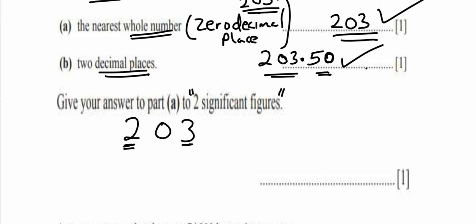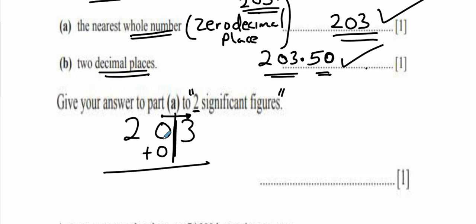Now, can we write this number 203 correct to 2 significant figures? Yes, we can do that because this number has 3 significant figures: 1, 2, 3. They need 2 significant figures. So you stand here, keep a border over here, and check on your right, there is a 3. 3 is not bigger than 5, so you add 0.